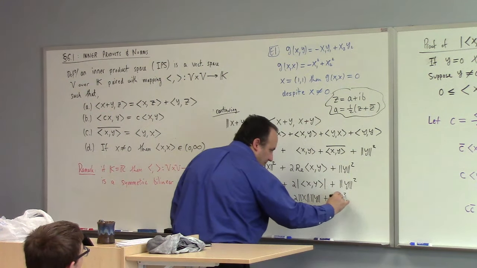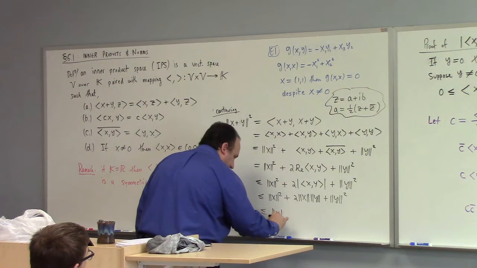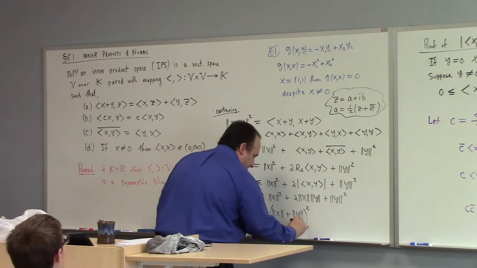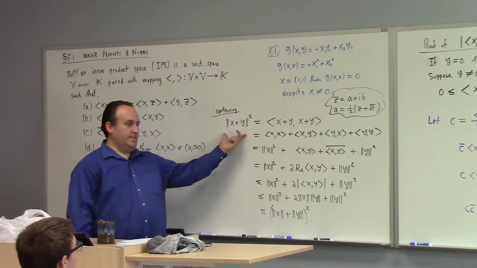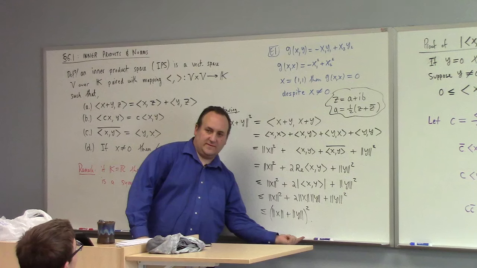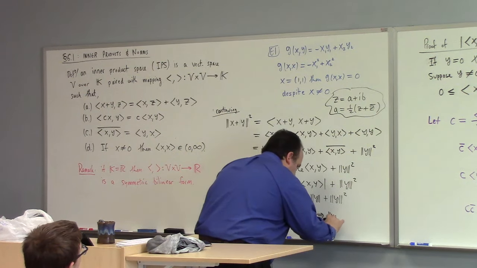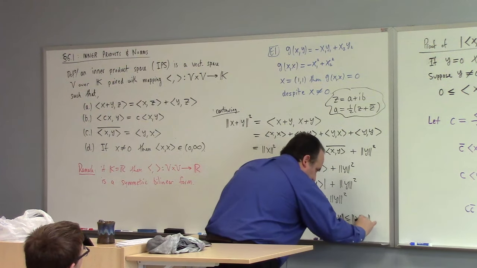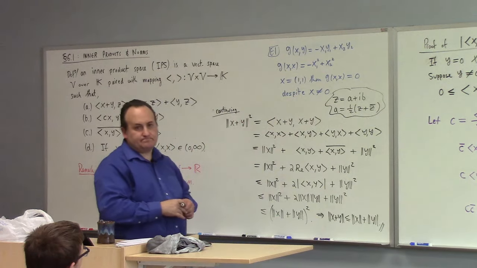And then we factor. So if you've got this squared less than or equal to that squared, and these are both positive quantities, this implies that the norm of x plus y is less than or equal to the norm of x plus the norm of y. And that is the triangle inequality.